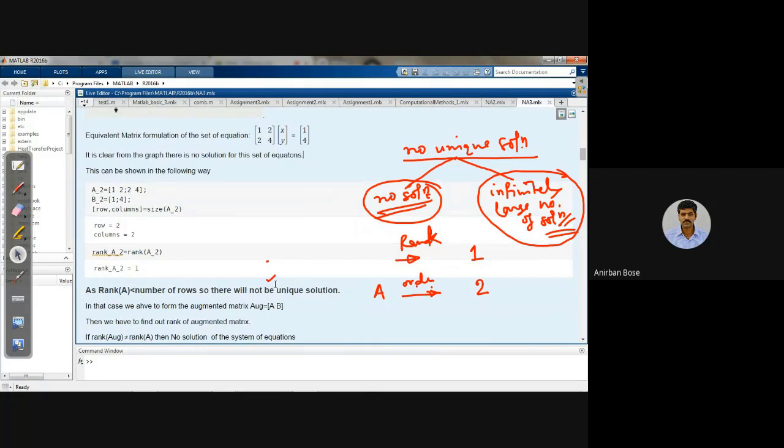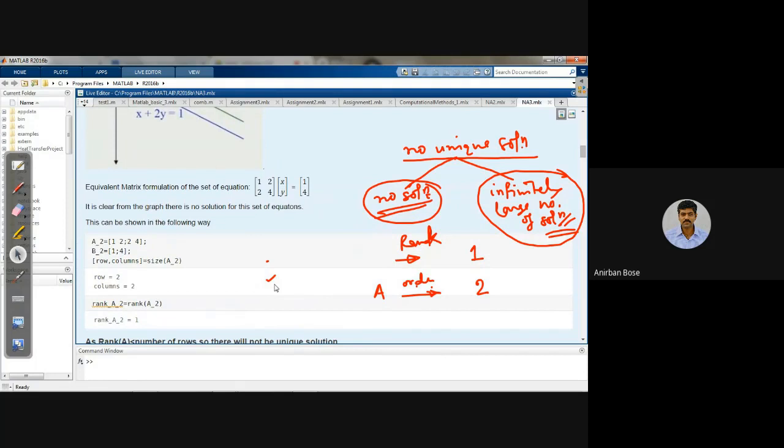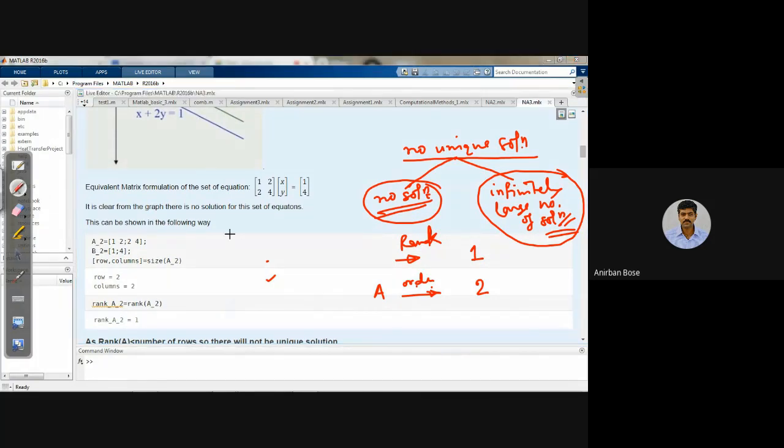Okay. Now we have to create the augmented matrix. What is the augmented matrix? It is the A matrix that you have just observed, that is 1, 2, 2, 4 in this example. And with the A matrix, you also consider the B matrix, which is the non-homogeneous part, 1, 4.